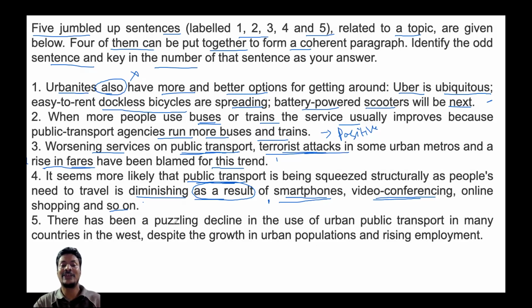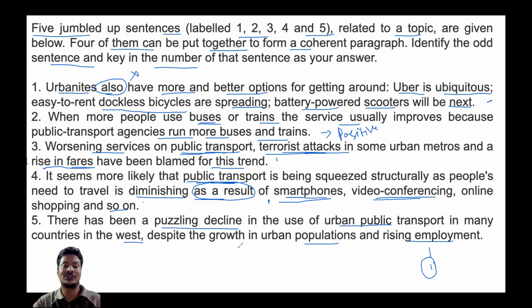Then there has been a puzzling decline in the use of urban public transport in many countries in the West, despite the growth in urban population and rising employment. Now, it seems the fifth one is the beginning one, right? The fifth sentence is the first sentence because it provides the general statement.